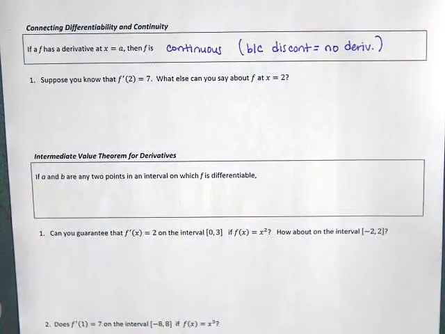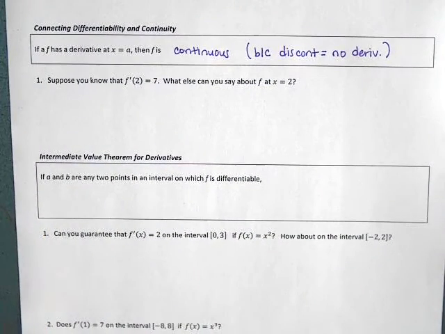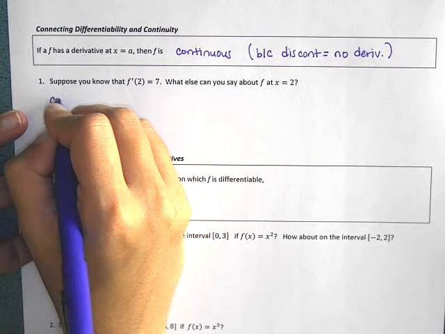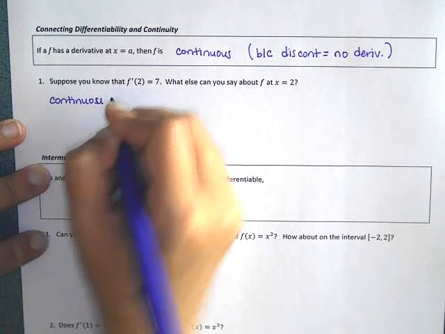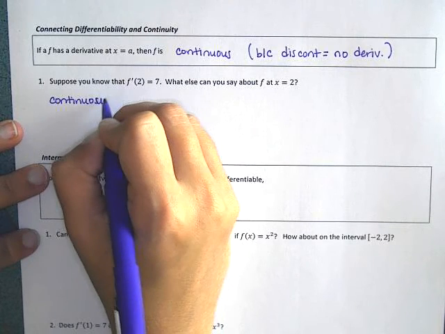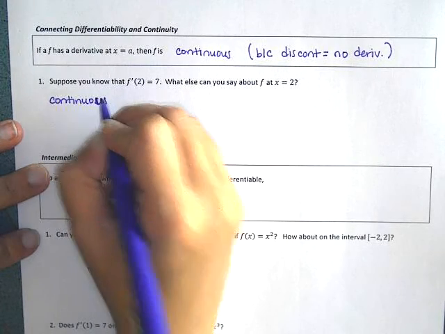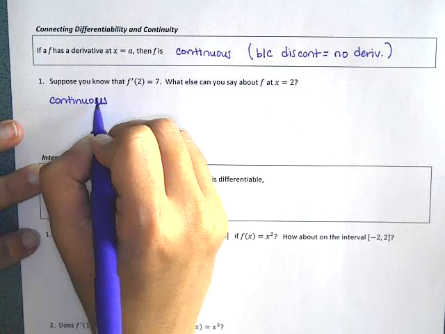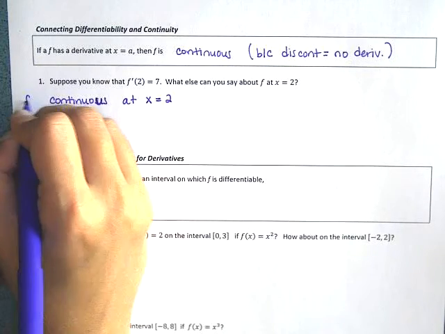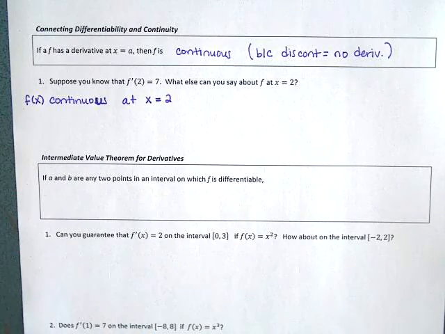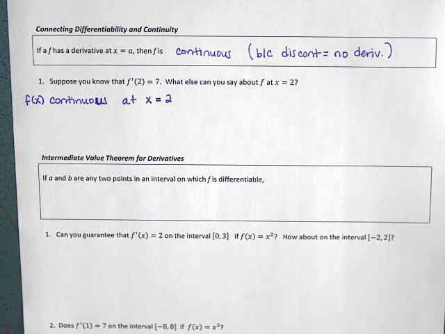What else can you say about this function at the number 2? I can also say that I am continuous at x equals 2. If you've got a derivative, you also have to be continuous.